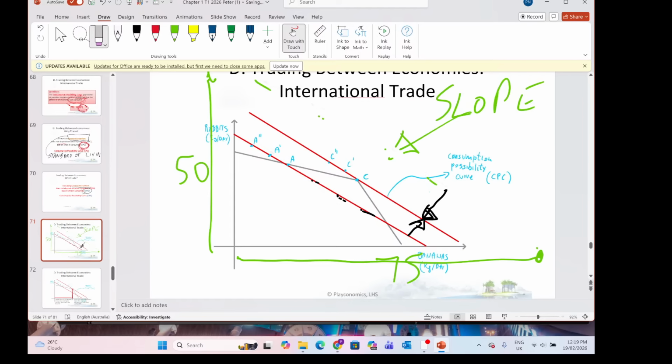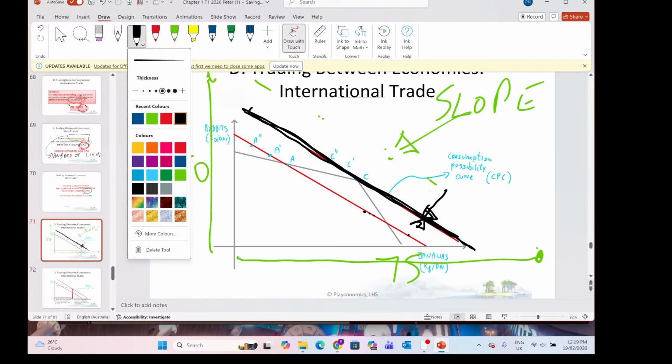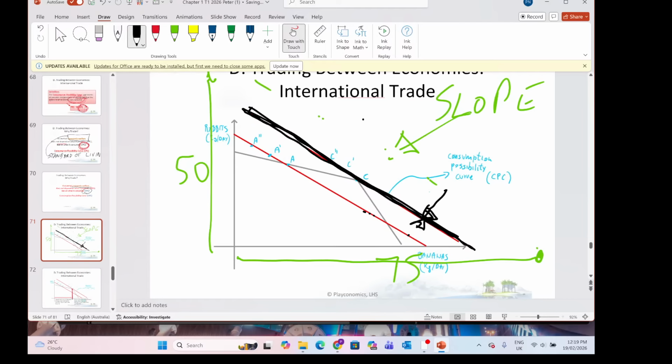So we want a line with the right slope that is a tangent to our production possibility line. I have tried to get into the file and remove the inner red line, but I haven't been able to, so just ignore the red line. We're only worried about the black line here. That is the world trading price.